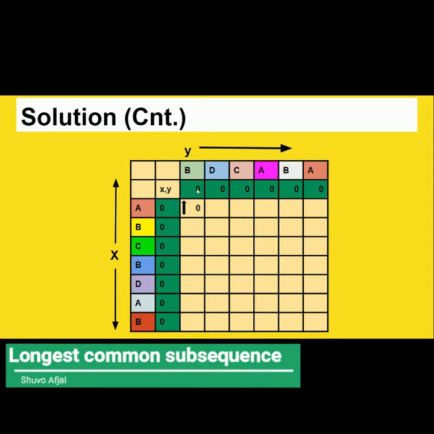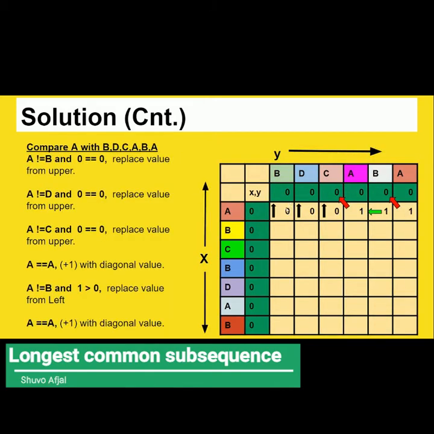I already told you that process. Now see the steps. A and B are not equal, 0 and 0 are equal, so replace the value from upper. Again, A and D are not equal, and 0 and 0 are equal, so replace the value from upper.